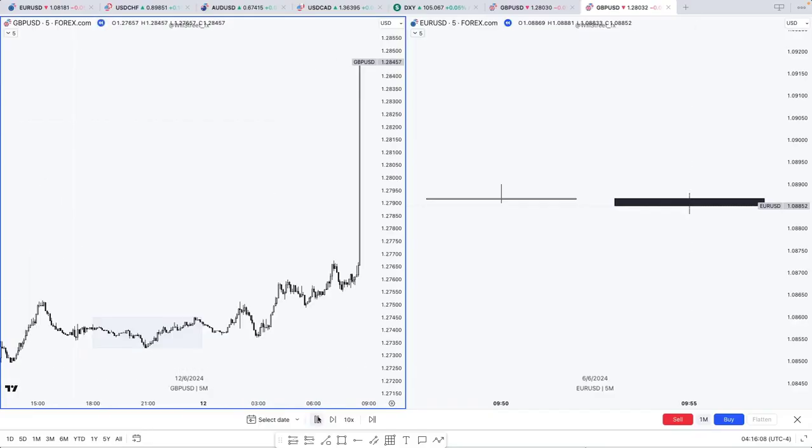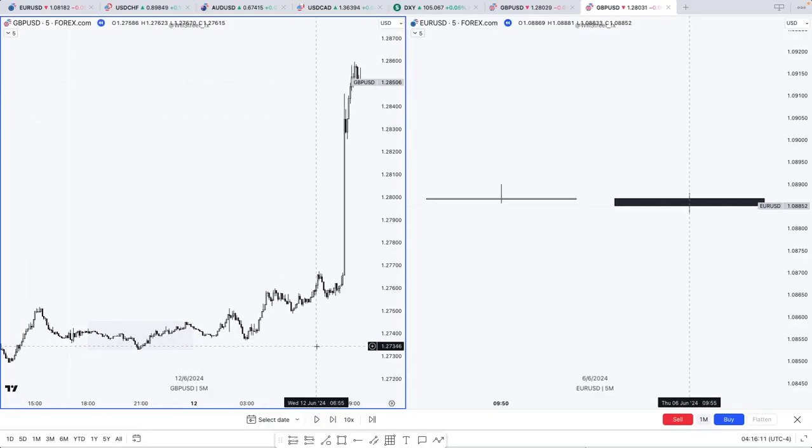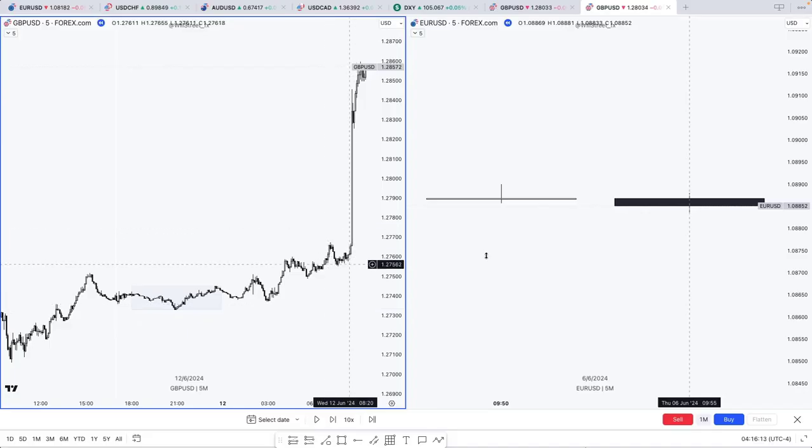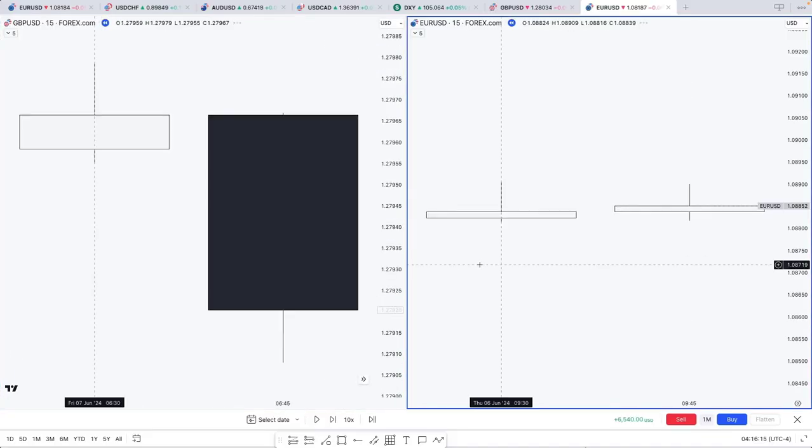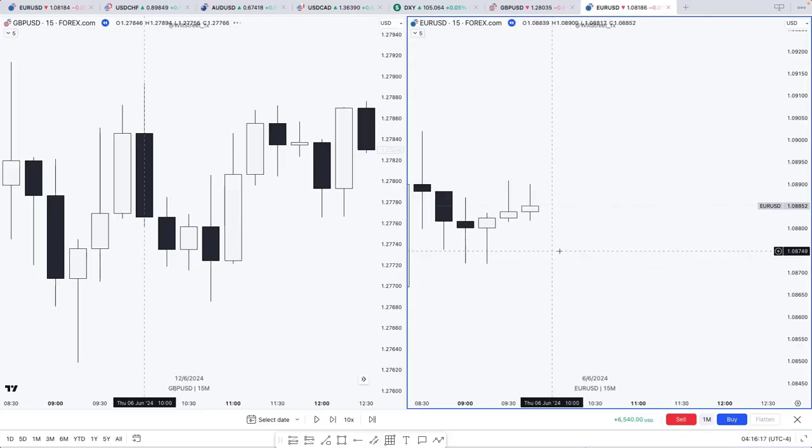This is the USA, the United States CPI that day, and I also took that trade.